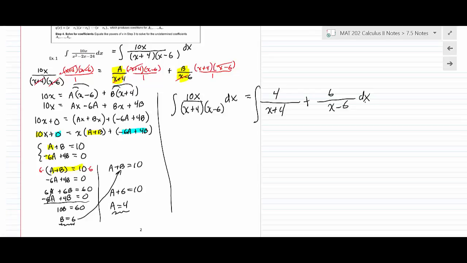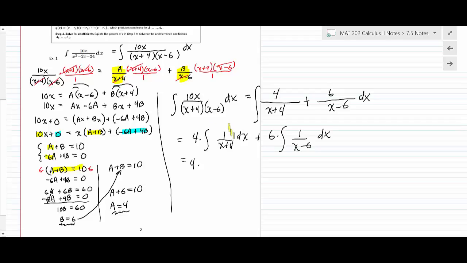You'll be able to do this in your head, because technically what you're doing when you do these integrals, I'm going to write this step out. You don't have to write this step out when you're doing these problems because you can do the integral in your head at the end, but really you're doing this, and then you'll have your integrals put together. So you should be able to do this integral in your head. What's that integral? ln of what? x plus 4, good.